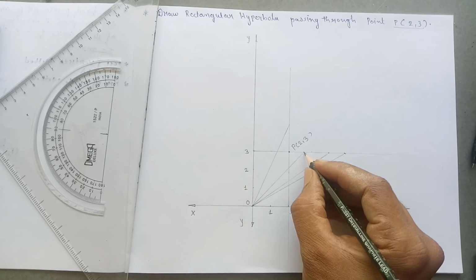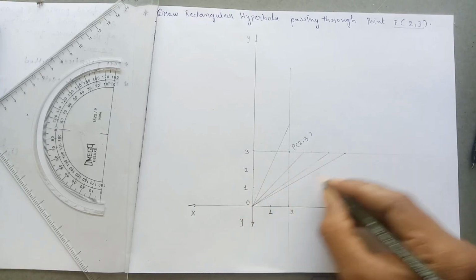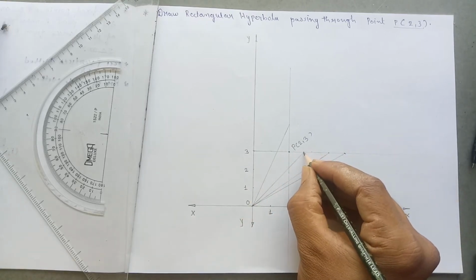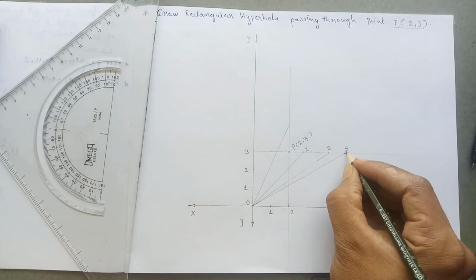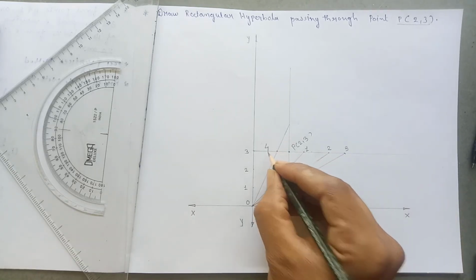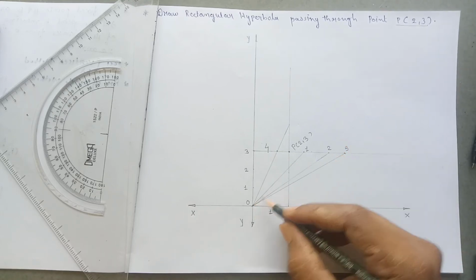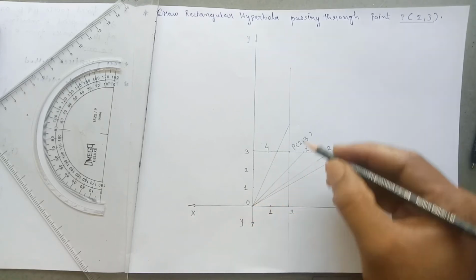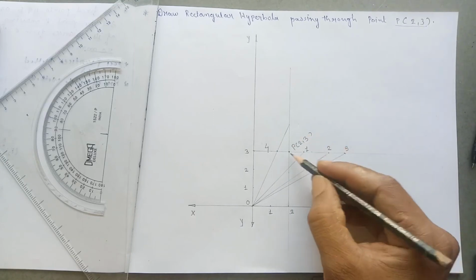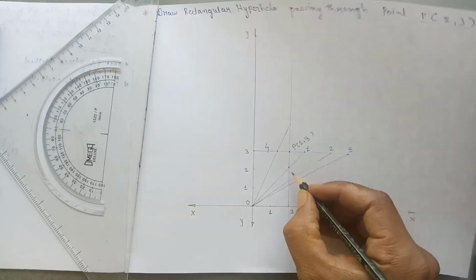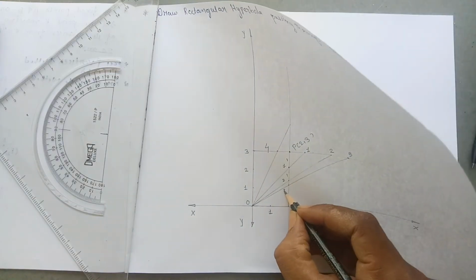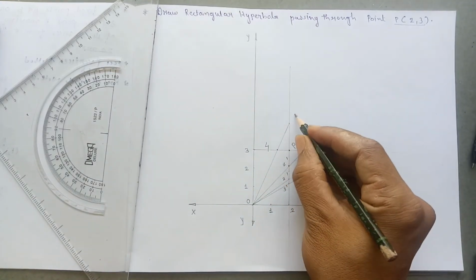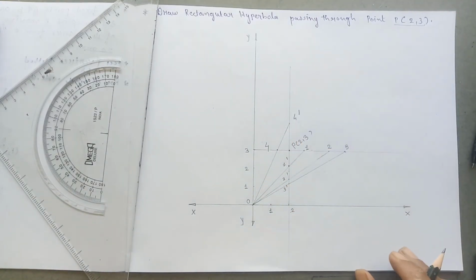Now mark the point of intersection of these lines with the horizontal line passing through P. This is 1 2 3 and this is 4, and also mark the intersection points of these lines with the vertical line passing through point P. So these will be 1 dash, 2 dash, 3 dash and 4 dash.